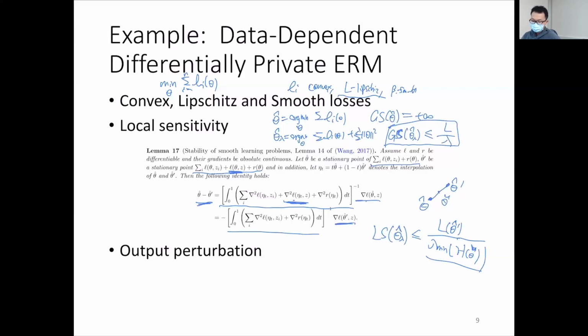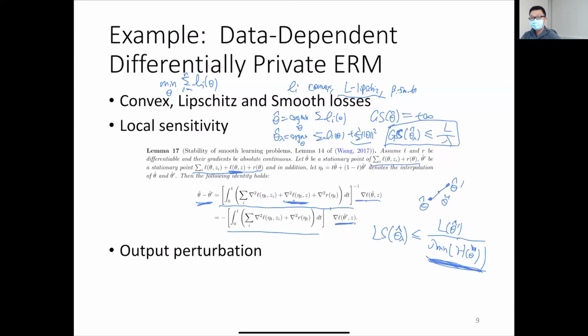Okay, so how shall we construct a high probability upper bound of this local sensitivity LS tilde? Suppose we want to do upward perturbation, but now make it data dependent, so that if locally around here we have a lower bound of the smallest eigenvalue, then we do not actually have to add this additional regularization, right?